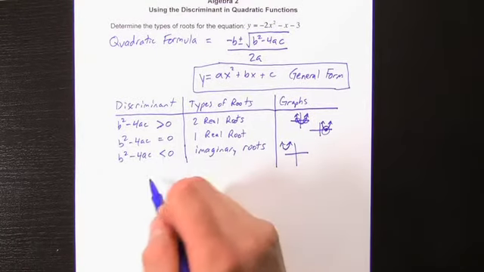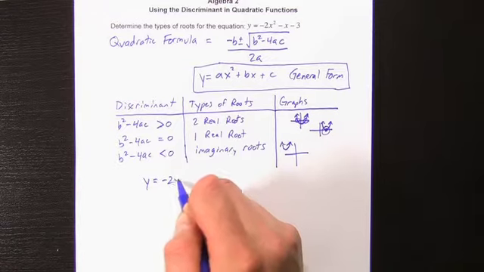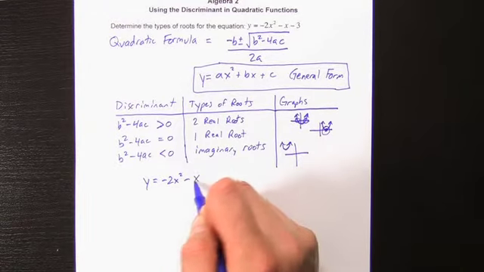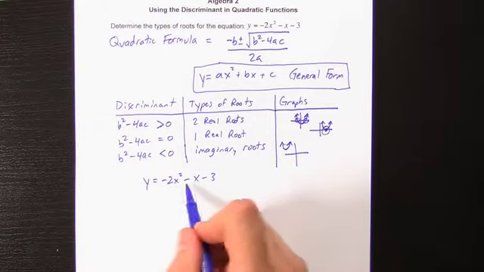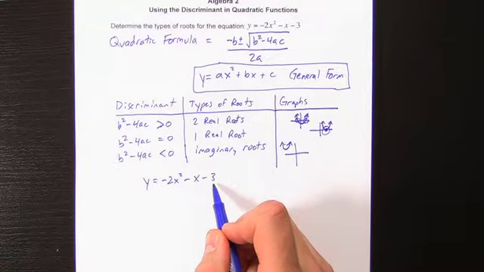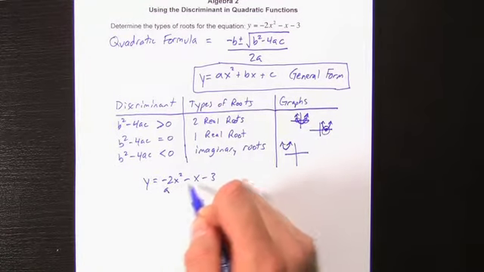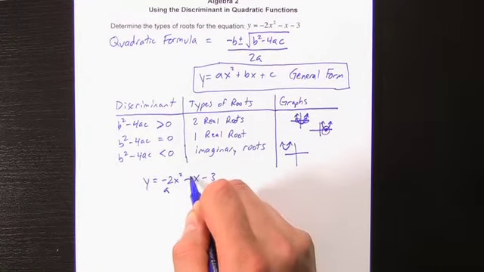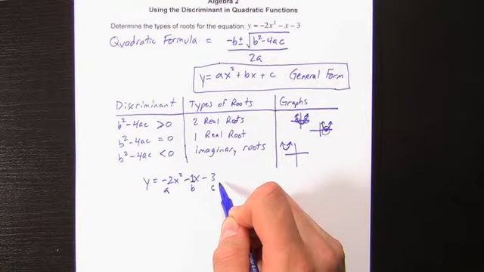So let's rewrite this original problem, which is y equals negative 2x squared minus x minus 3. And I can tell, based on the values of the general form, that my value of a is negative 2, my value of b is negative 1, and my value of c is negative 3.